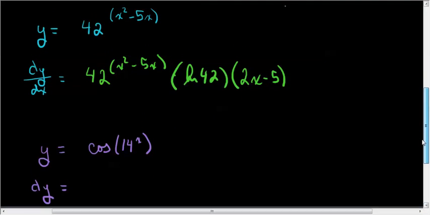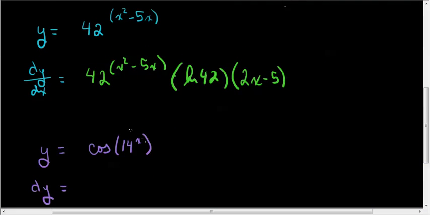All right, one more, I think. Yeah, cosine of 14 to the x. So this is when what's inside is the exponent. Well, what about when what's inside is an exponential function? It's the exact same thing we've been doing. What is the derivative of the cosine? Derivative of the cosine is negative sine of whatever that is, 14 to the x, times the derivative of what's inside.